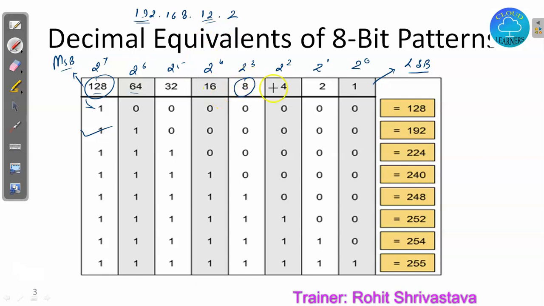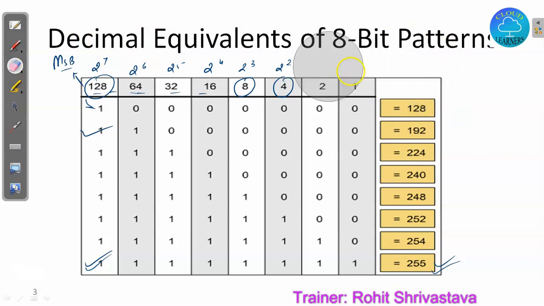I will add 8 and 4. So for 12, what will be the binary bits in the octet? 0000 1100, because the first 4 remain 0, then 1, 1, and then 00. So this is our 12 representation in binary. In this way the maximum number that we can get is 255. I hope this is clear, that we will get the range from 0 to 255 in our IP address.